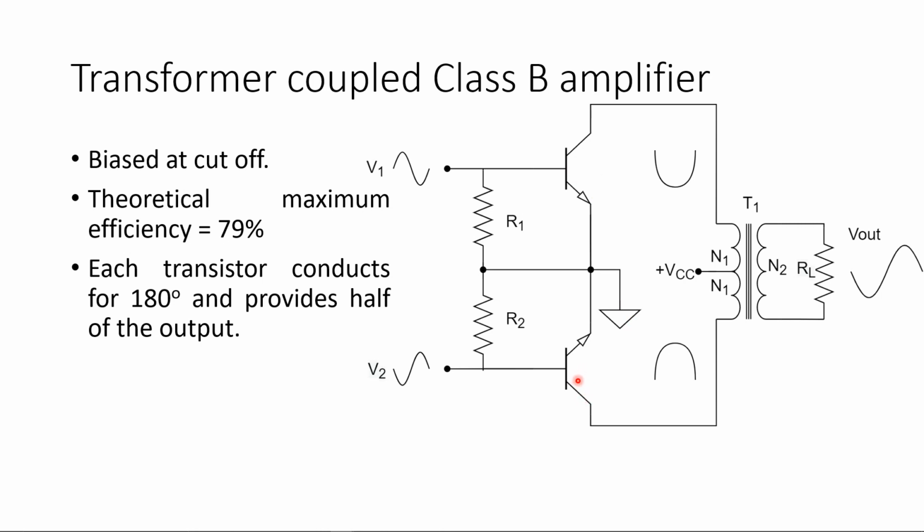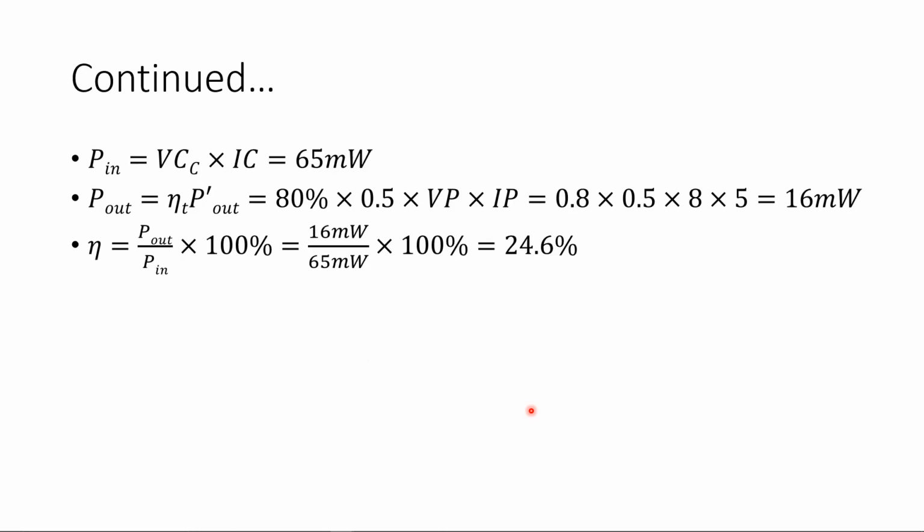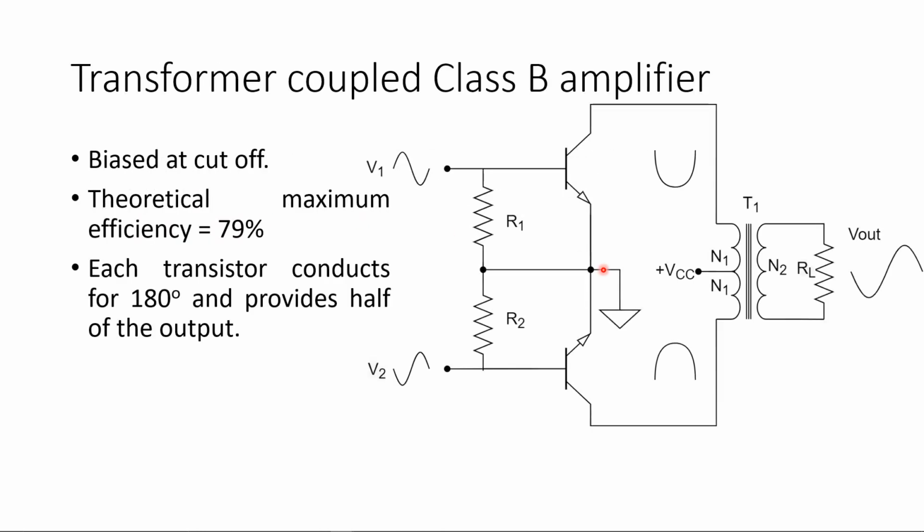The interesting thing is how we have increased the efficiency. See that we don't need any DC power. The previous example shows that the maximum power we dissipated was from the DC supply in order to bias the transistor, but now we don't need that.